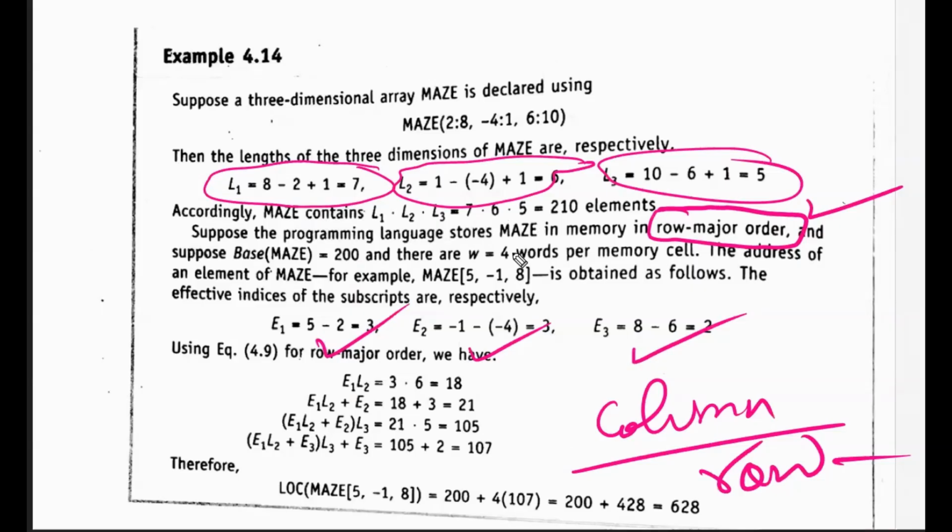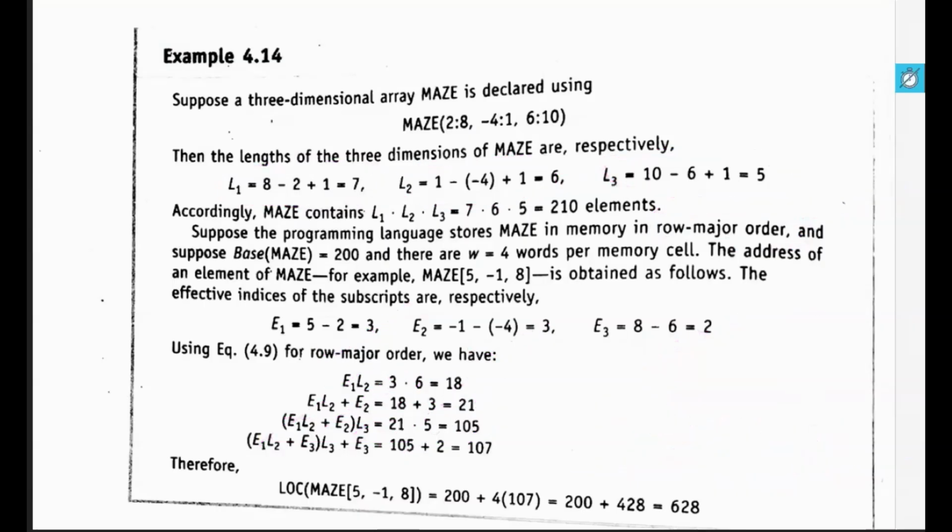So once you have all these values L1, L2, L3, E1, E2, E3 and the given row major or column major, you need not remember the steps given in the book because I have derived a shortcut formula. So you just put all these values in the given formula. I'll show you the example once again.